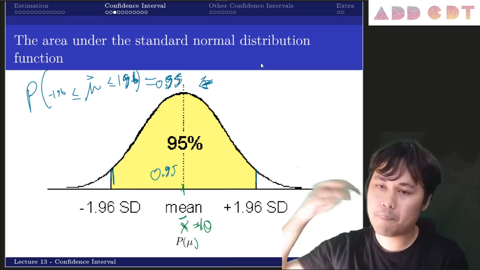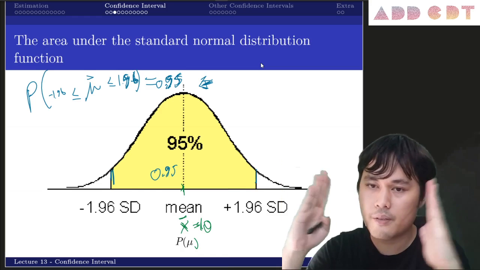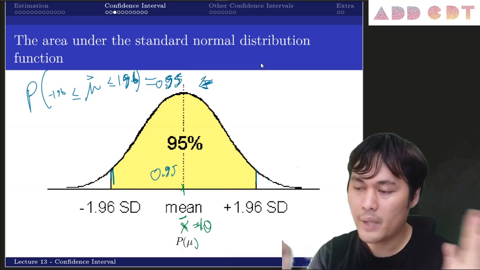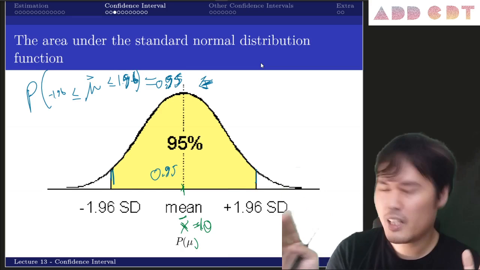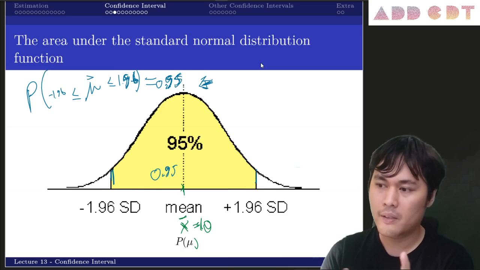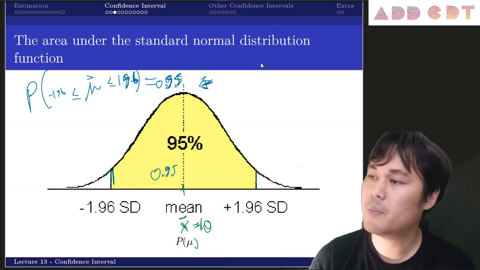If we can get two points such that the area between them is 0.95, then we have a 95% chance that if we pick any random number in this curve, that number will lie between the interval we pick.